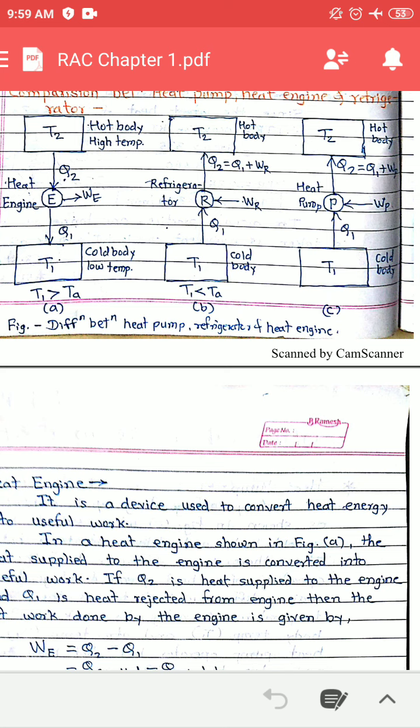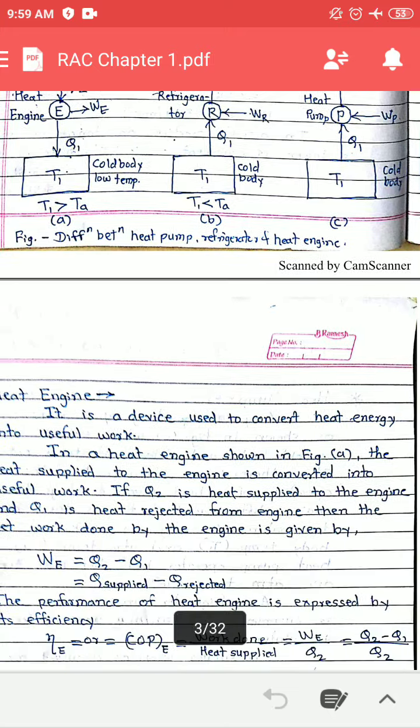Many times a question can be asked on this: what is the difference between a refrigerator and a heat pump? So you should know the answer.